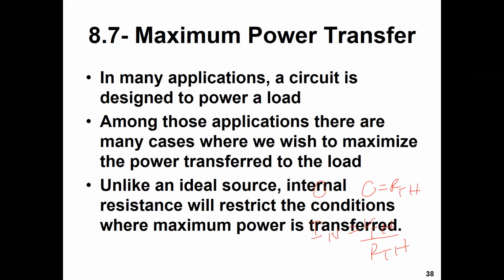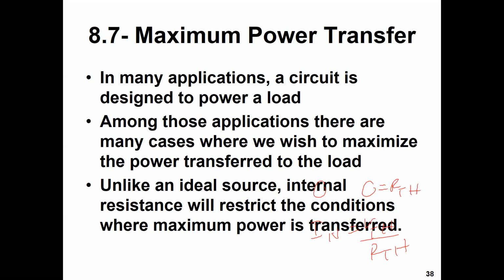Okay, the last section in this chapter is how to find the maximum power transfer. In many applications, a circuit is designed to power a load. Among those applications, there are many cases where we wish to maximize the power transfer to the load.